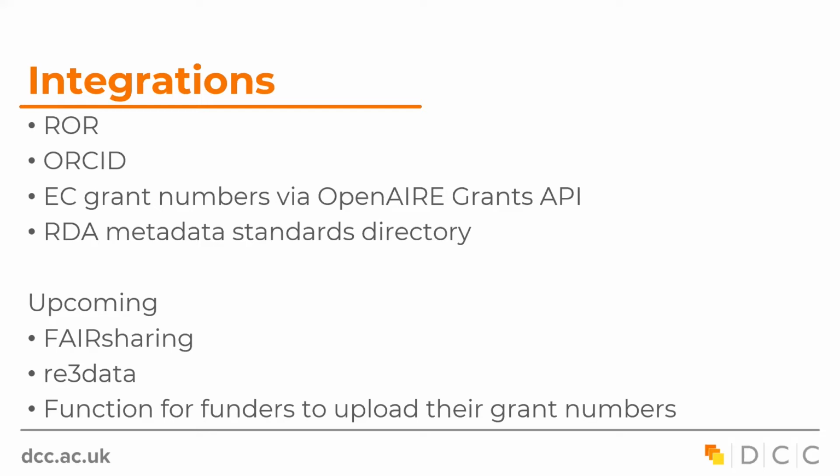ORCID, users can add a link to their ORCID profile. There are European Commission grant numbers available via the OpenAIRE Grants API. And the RDA metadata standards directory, again, the APIs can provide information on that.